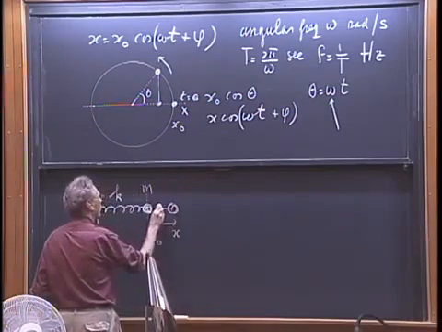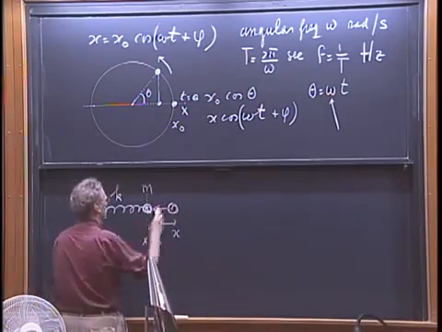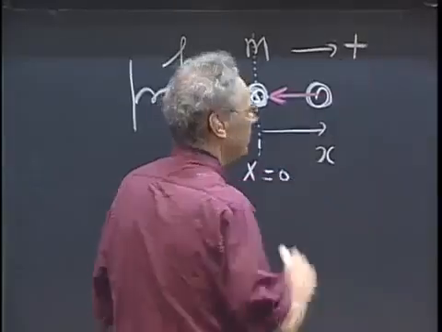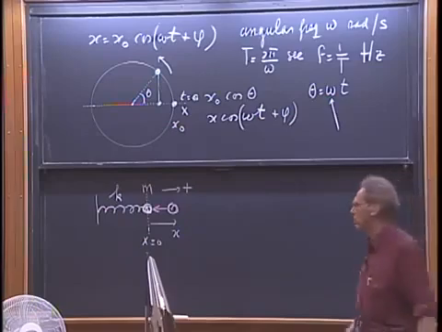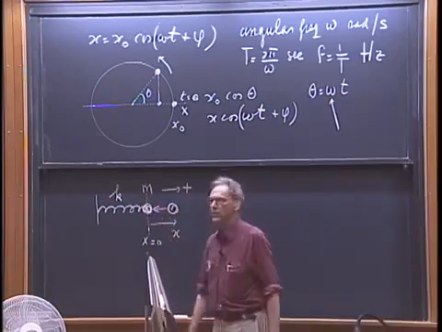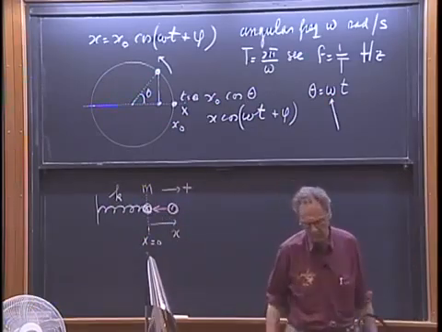It's a restoring force. That's the spring force. Let's arbitrarily call this direction plus. The spring force we call minus kx, minus because if x is positive, then the force is in the opposite direction.